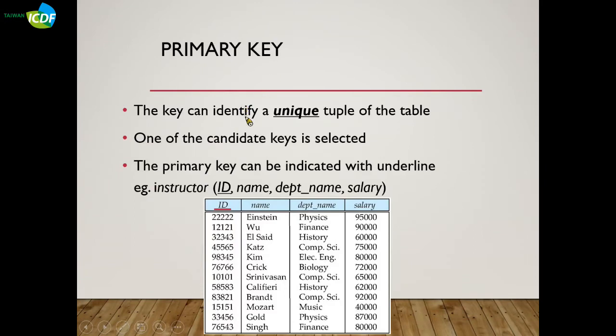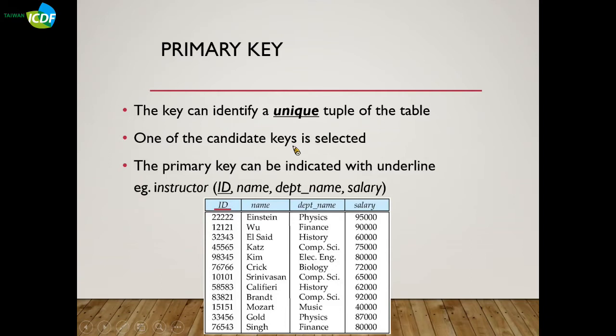A primary key is a key that can identify a unique tuple of the table. In fact, the candidate keys may be many, so we have to choose one of the candidate keys as the primary key to help identify a specific tuple.